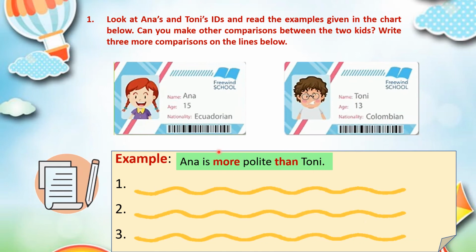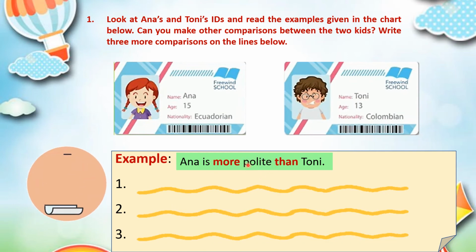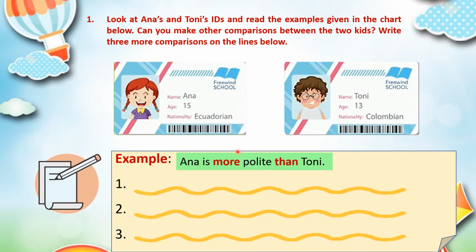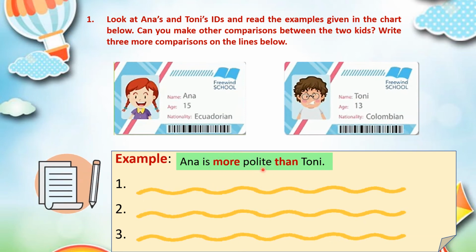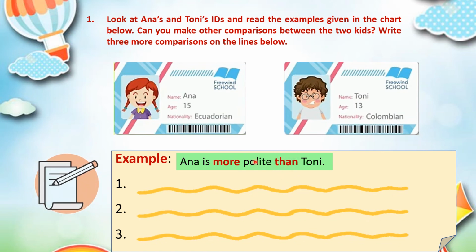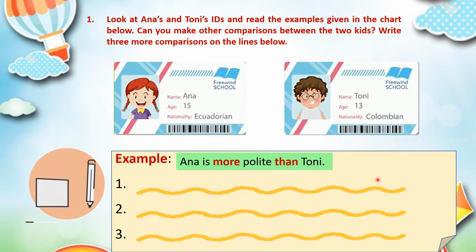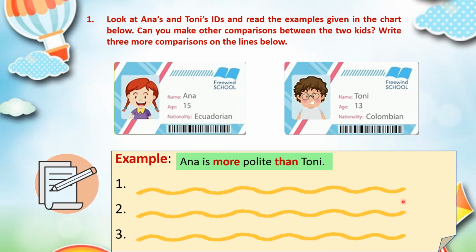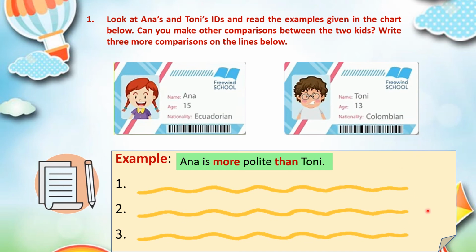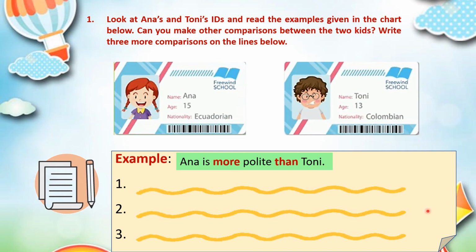I am using more over here because the adjective polite is long. It has 2 syllables or more. So I have to add more. Anna is more polite than, for the comparison, Tony. Ana es más cortés que Tony. So you're going to create your 3 sentences using the adjectives that you want, but please be careful with the grammar rules.